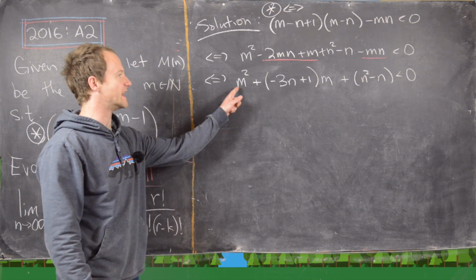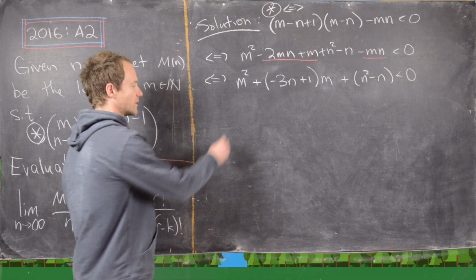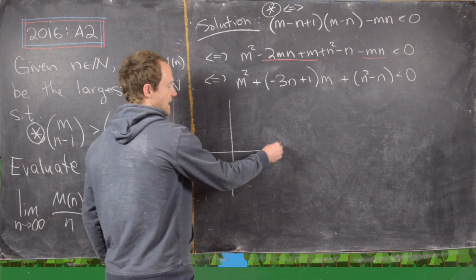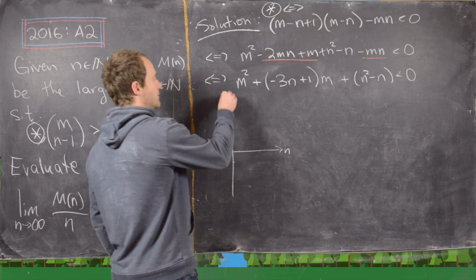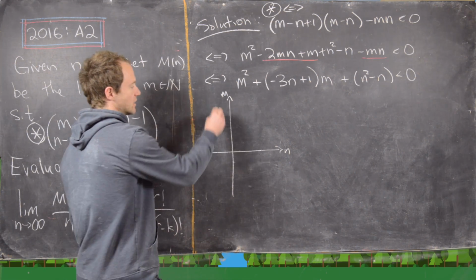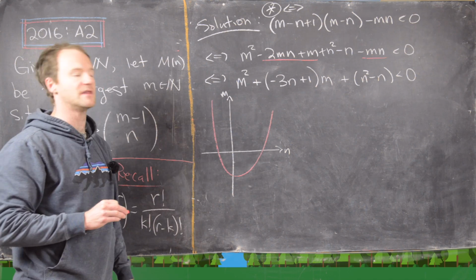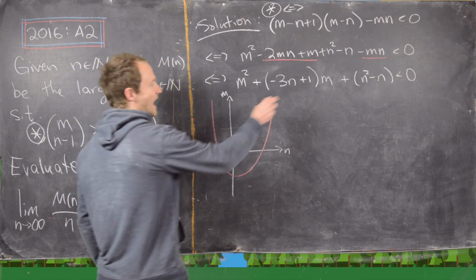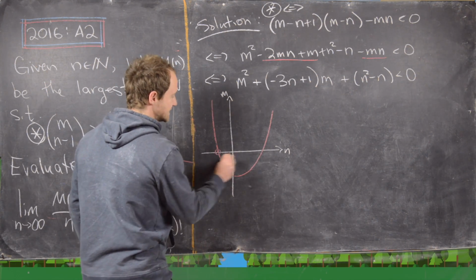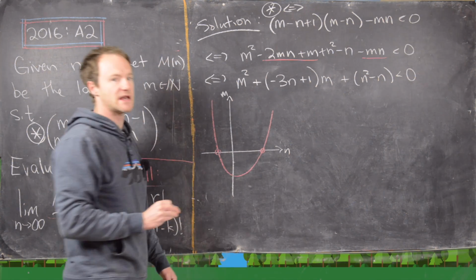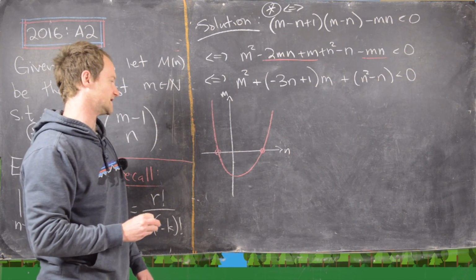And also notice that if we think of this as an upward facing parabola in the n and m plane, it would look something like this. Don't pay any mind to where I'm putting it in the plane, but notice that the values where it is less than 0 are going to be between the two roots of this equation.